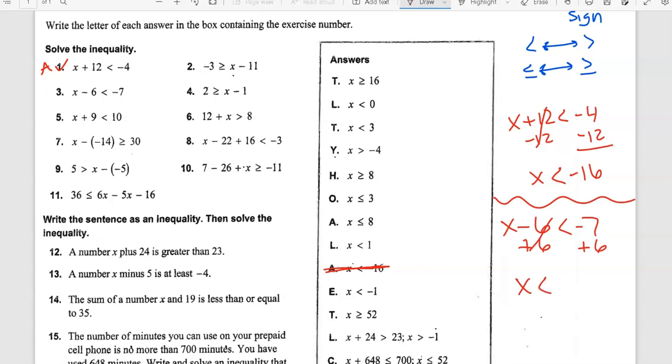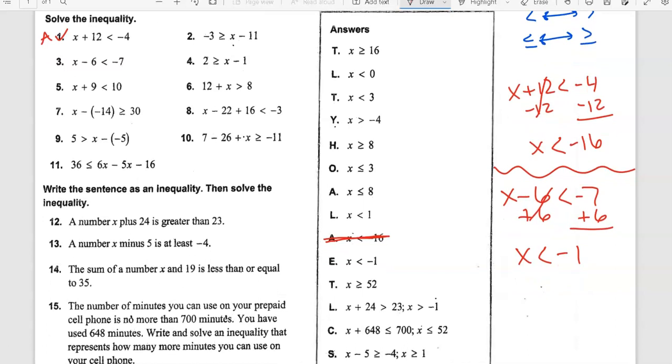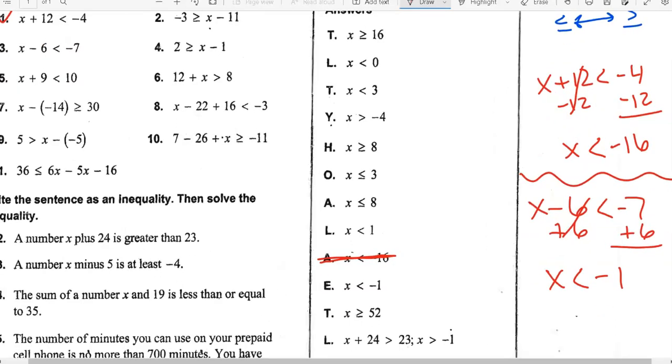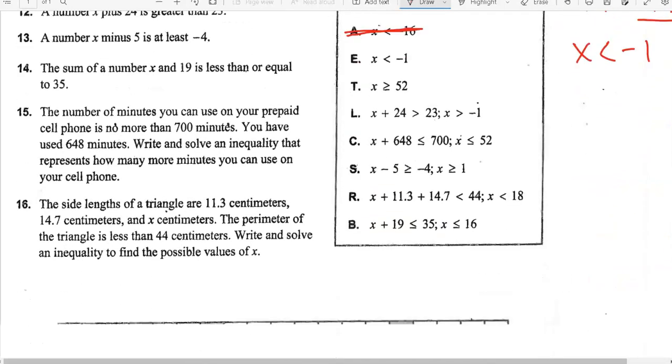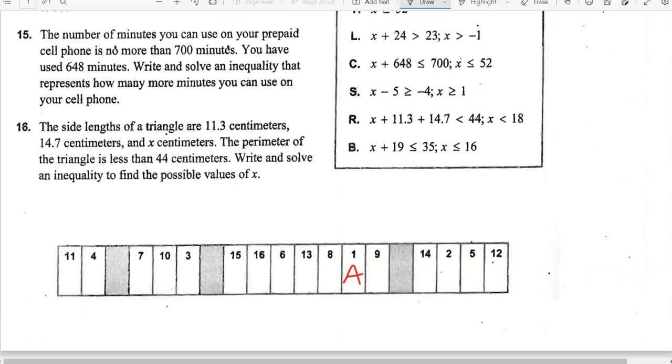What is negative 7 plus 6? Negative 1. Good. All right, do we see that anywhere? Where do you see it? E. So look for number 3. Number 3 right here is going to be E.